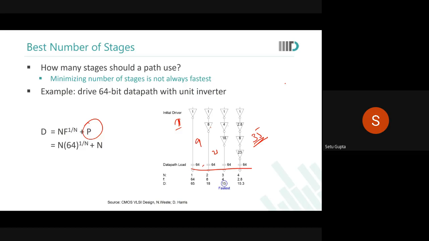Actually, sir, I think it would depend, because if you see in this slide, if the output of my inverter has higher capacitance, then the area of that inverter would also increase, because I have to maintain that ratio. So if my output capacitance is lower, then I would like to keep it at the end, so that my inverter does not become too large, because I'm assuming my combinational logic is pretty large.